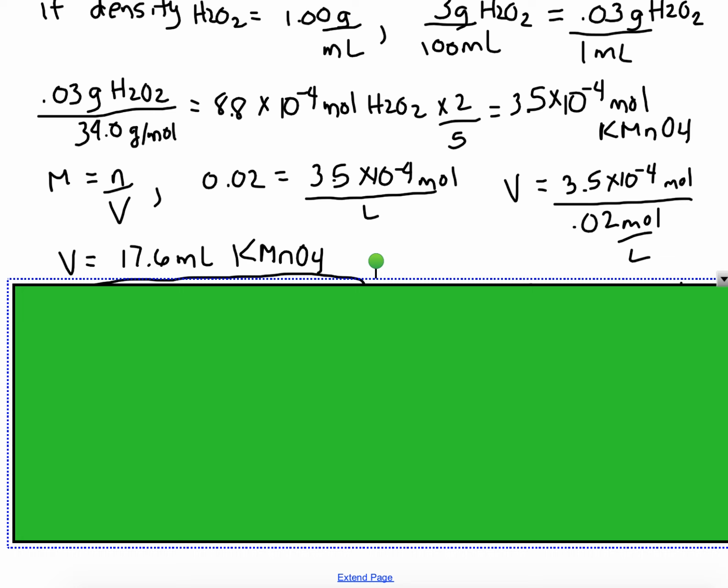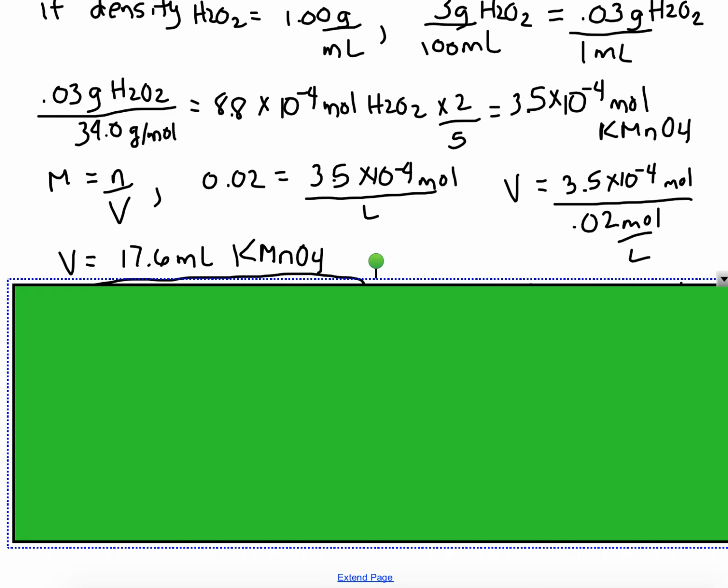Now you may say to yourself, okay, 1 milliliter of hydrogen peroxide isn't very much, and I would like to have a little bit more hydrogen peroxide in my flask just so I have a larger volume, or not.